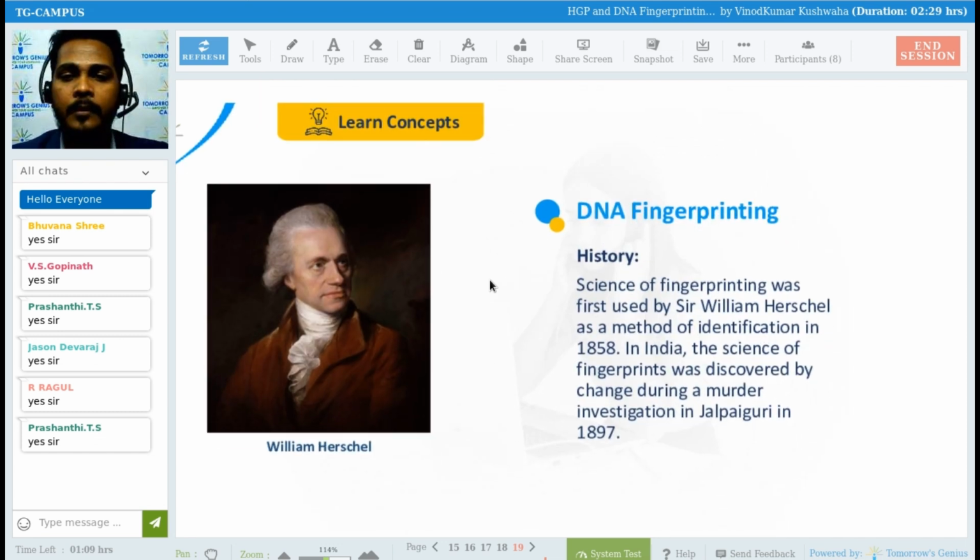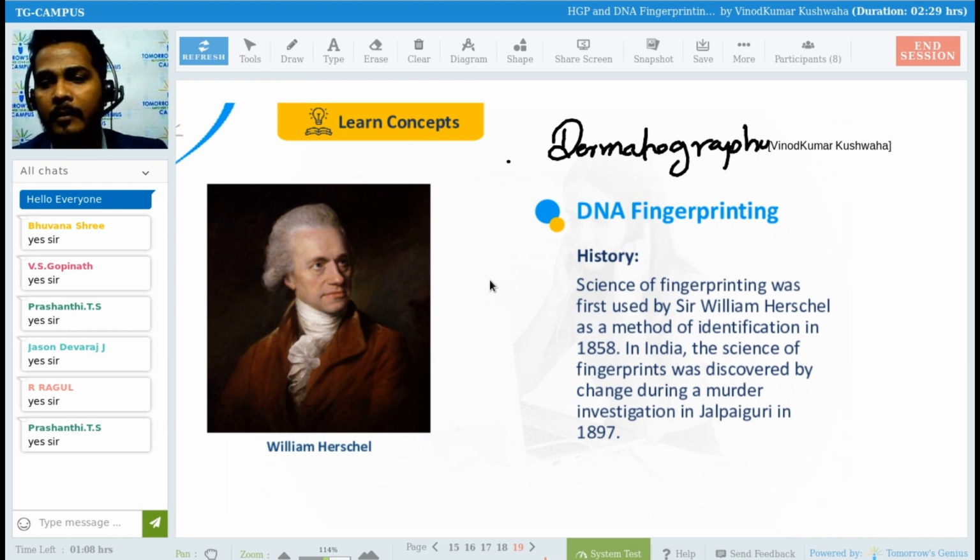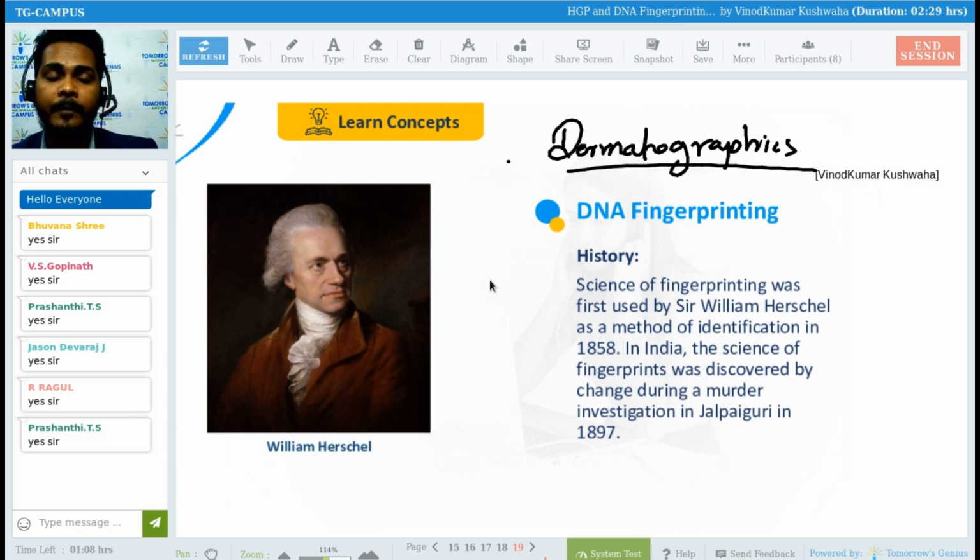It is called dermatographics. That means when you study fingerprint or palm print, or the sole print, it is called dermatographics.